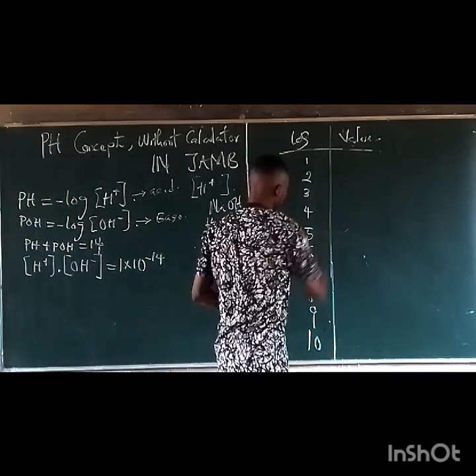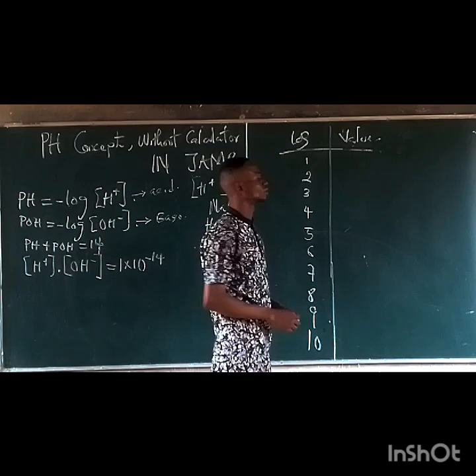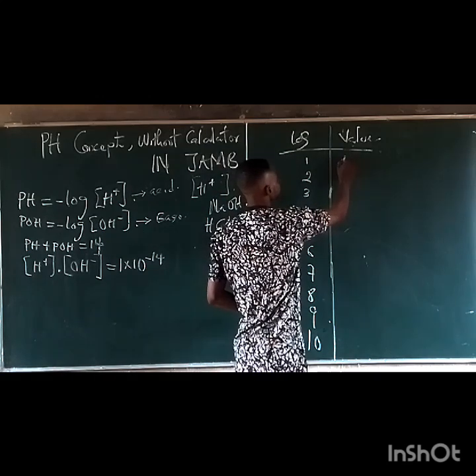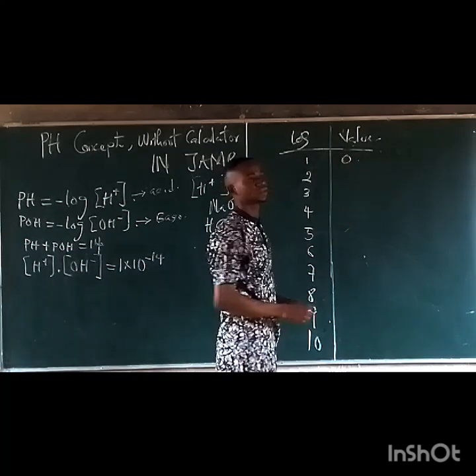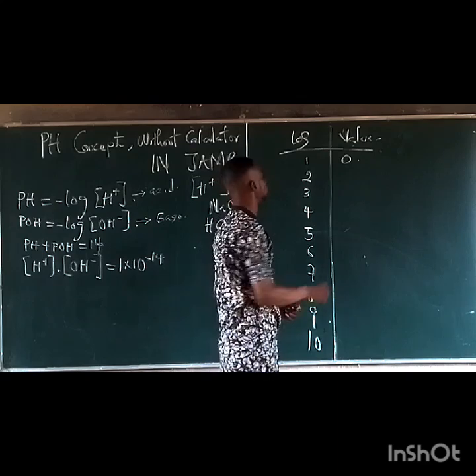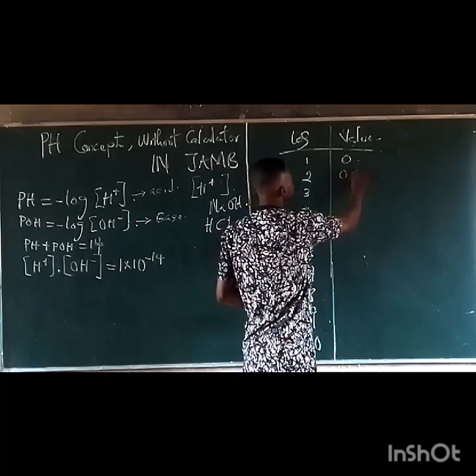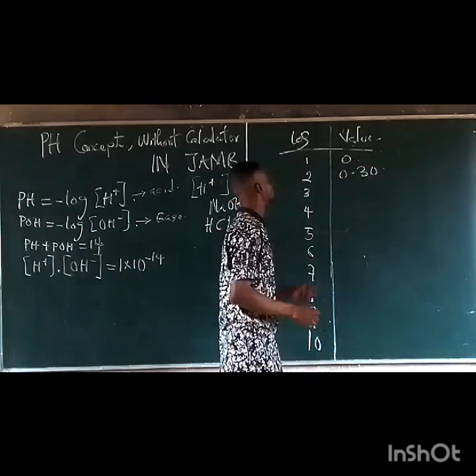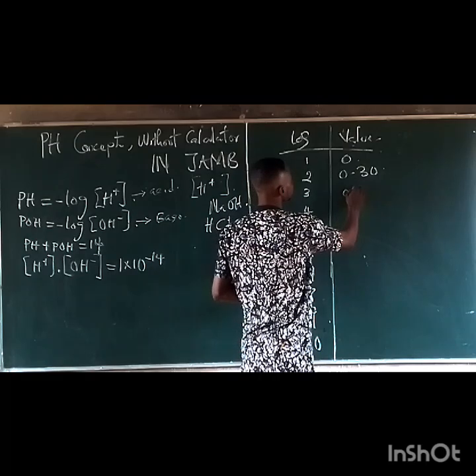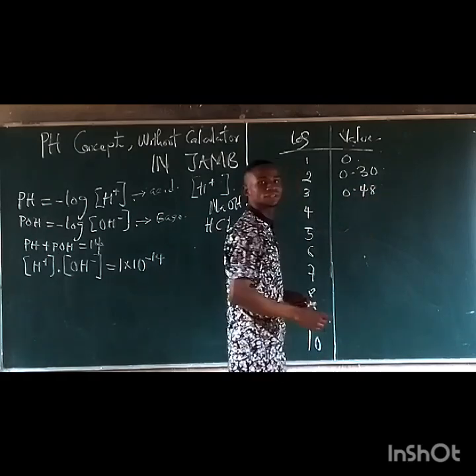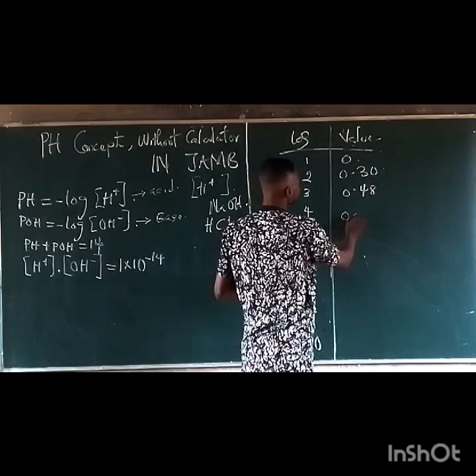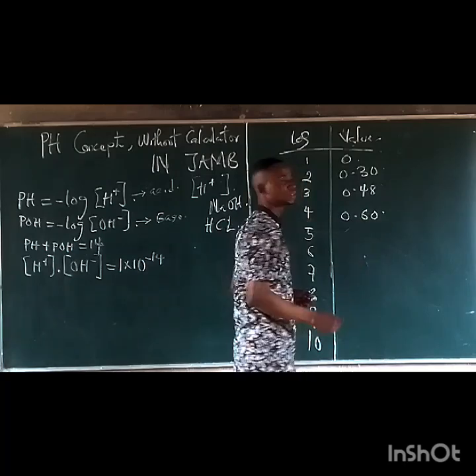Now, if you check it very well, log 1 will give you what? 0. Log 2 will give you 0.30. Log 3 will give you 0.48. Log 4 will give you 0.60.